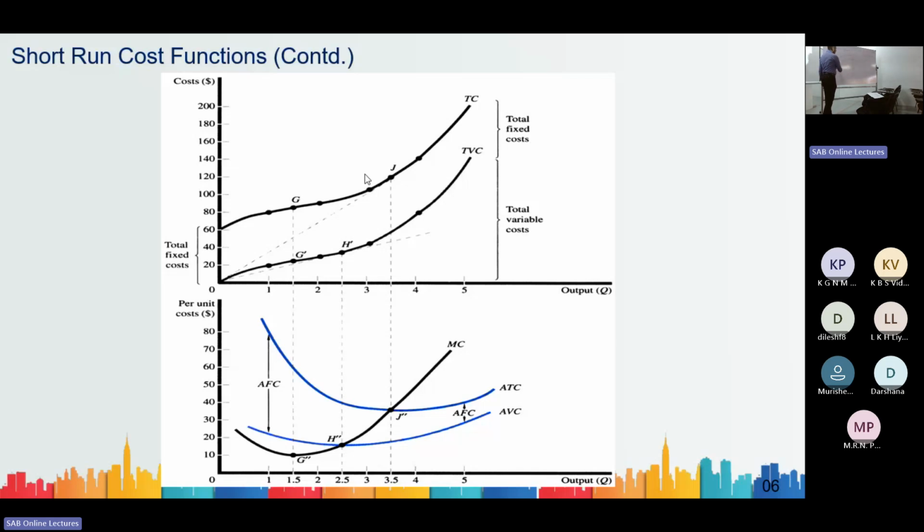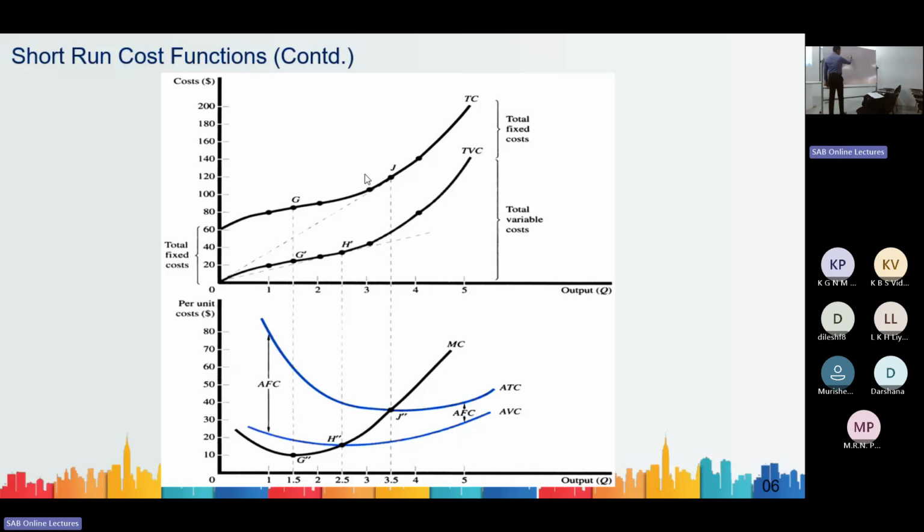So the shape of the total cost will be almost similar to total variable cost, but it is higher. And this vertical difference between total variable cost and total cost is what?